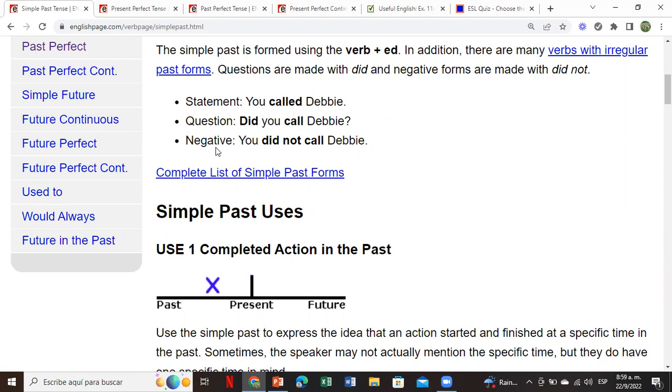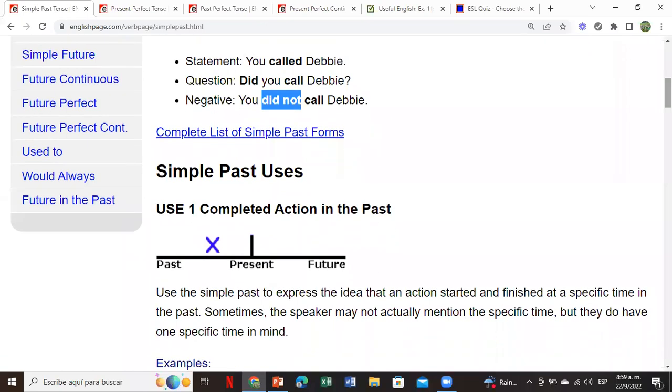So negative is really easy. We have the subject. The subject could be I, you, he, she, it, and so on. And we have the simple past negative, did not. Teacher, but I prefer to use didn't. Okay, it depends on you. In my case, it doesn't matter. I like to use the short ones, didn't.